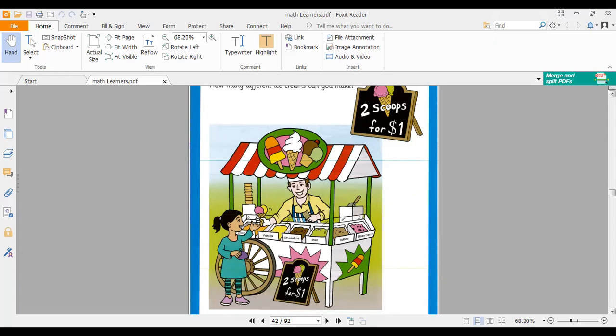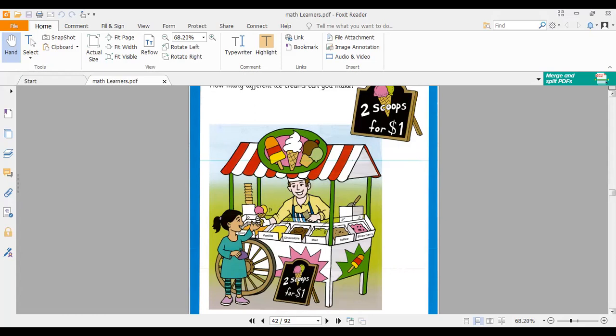These are 6 different flavors. So we can buy 2 scoops for $1, which means we can have 2 different flavors for $1. First of all, as you can see, the girl is buying vanilla and strawberry.